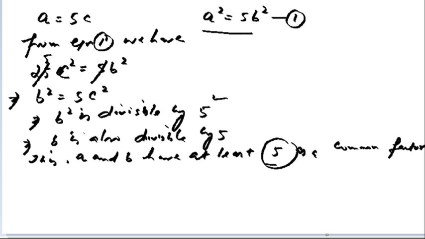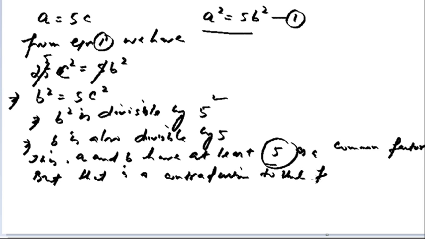It means that 5 is a common factor of a and b, but that is completely a contradiction to our fact, that a and b are co-prime.